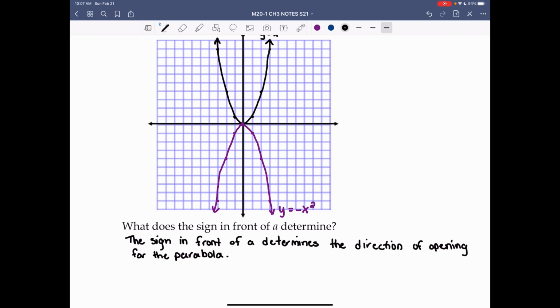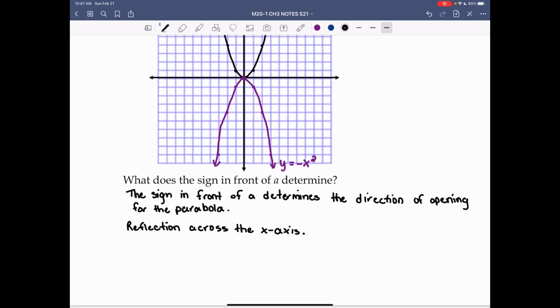The transformation term for this is reflection across the x-axis, which again is a big part of Math 30-1.